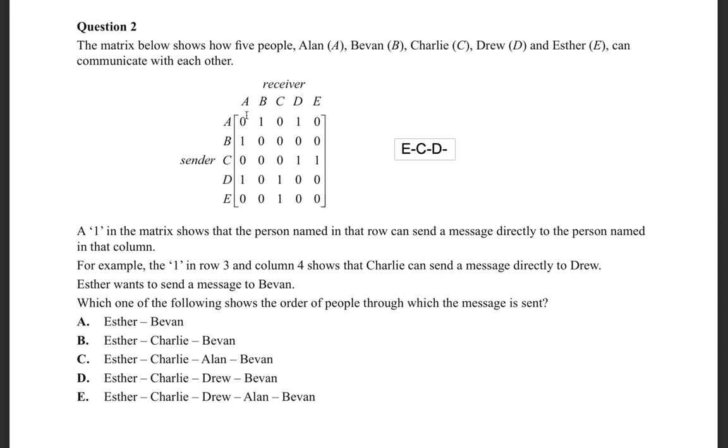D can send it to either A or C. No point sending it back to C, so we'll send it on to A. Now A has the message. A can send it to either B or D, and B is where we wanted the message sent. So that is our communication journey: E, C, D, A, B. So that indicates that E is the answer.